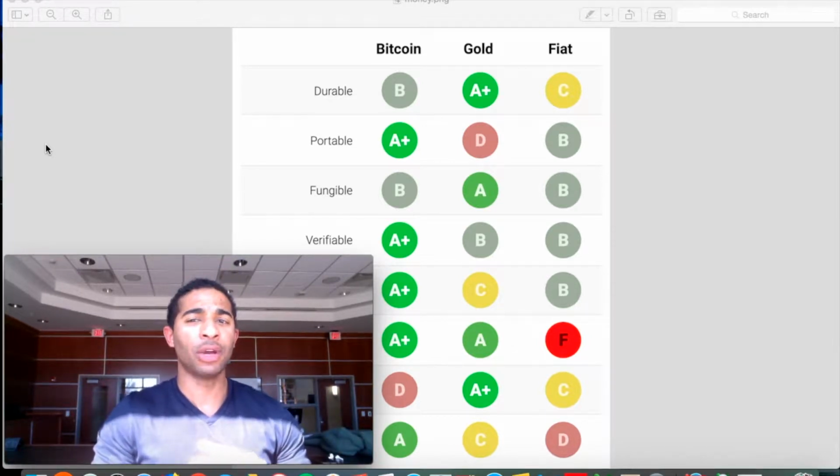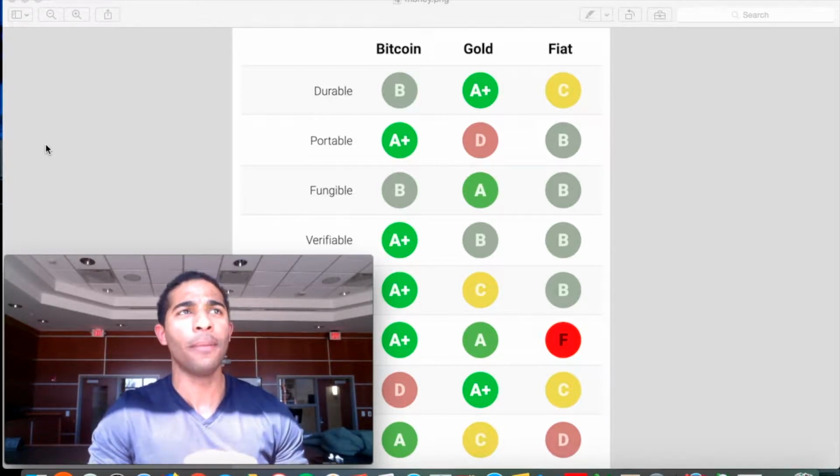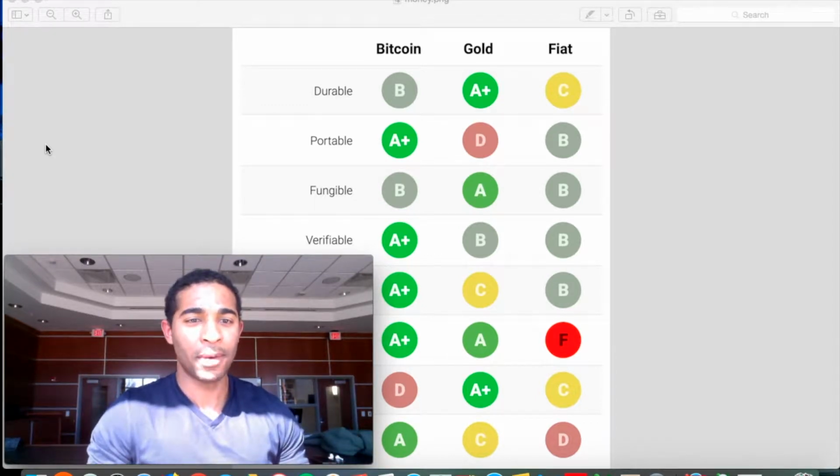Fiat money gets a grade of a C, and when we talk about fiat money, it's not as interesting to talk about the paper or the coins that represent it. When thinking about the durability of fiat money, it's more interesting to look at the institutions that issue the money.